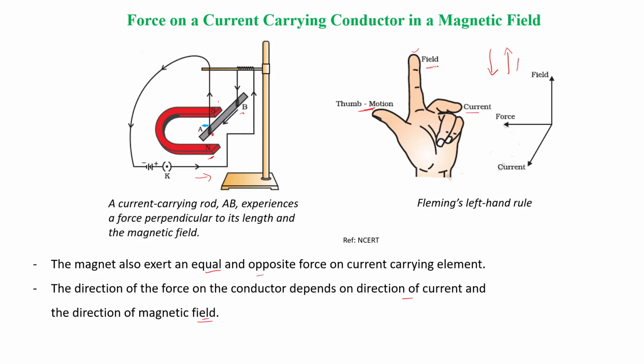The force experienced by the conductor depends upon the field and the current. This is the important thing here: Fleming's left hand rule finds the direction of motion, current and field, while the right hand thumb rule was used to find the direction of the magnetic field.